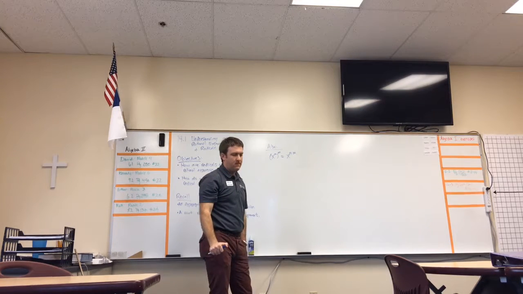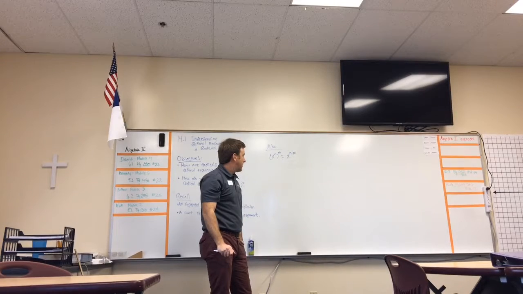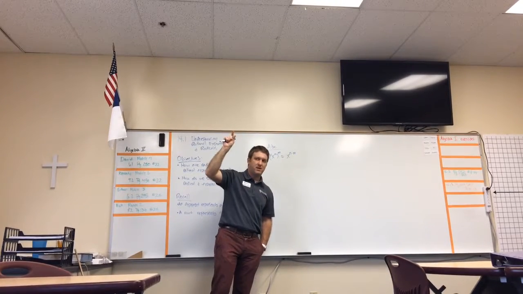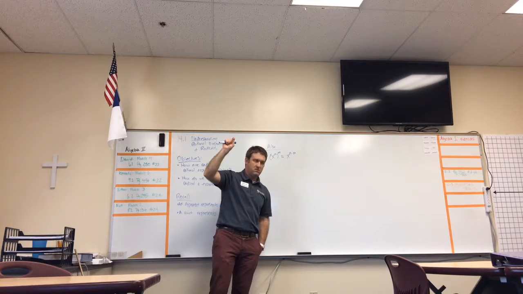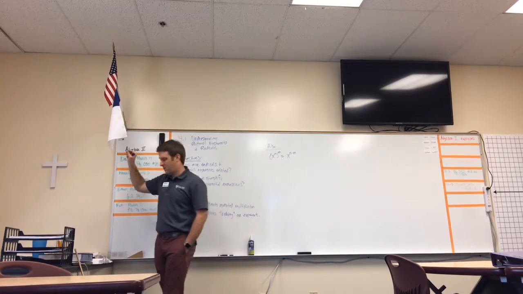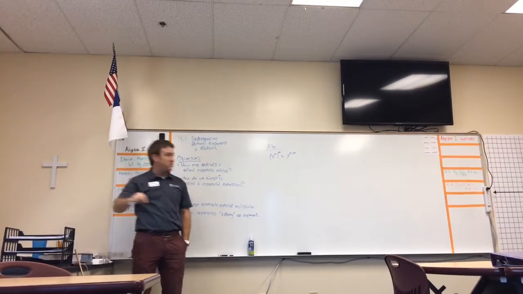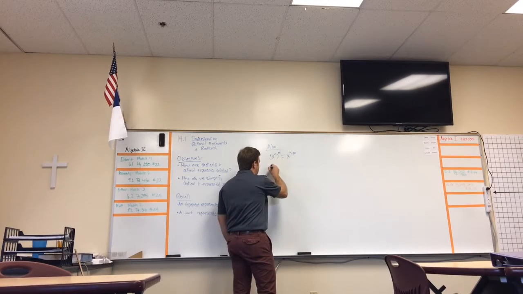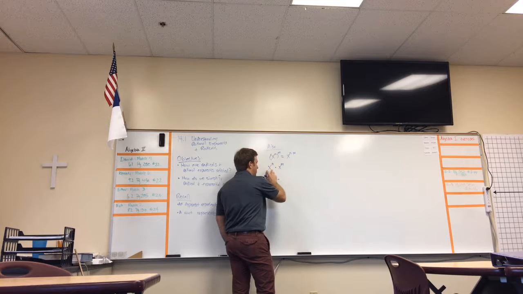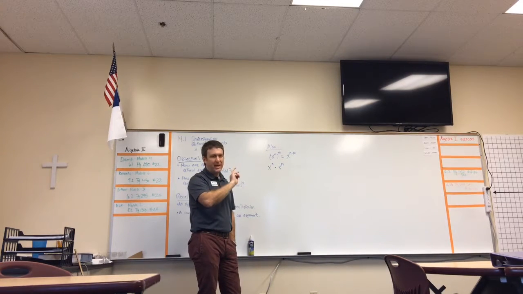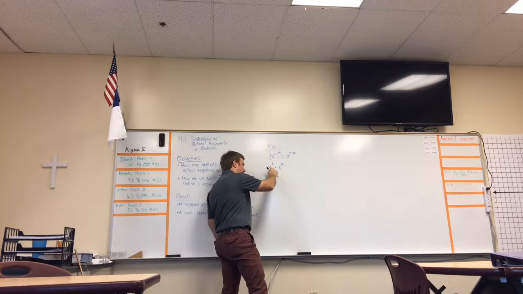Okay? So if I'm raising a power to a power, I multiply the exponents. I'll show you an example in a moment. Also, if I have two monomials with the same base, this right here is called the base.